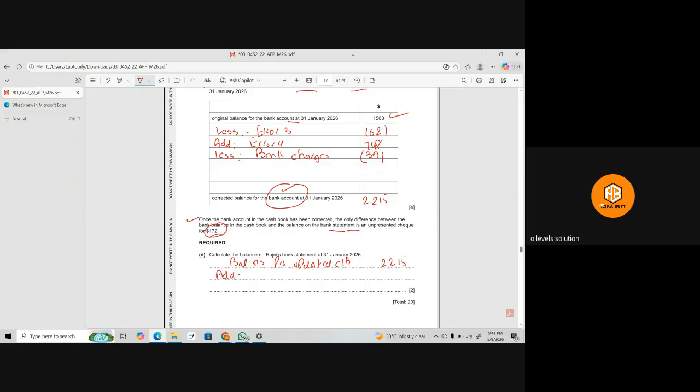So 172 unpresented checks. This is 172. So we have the balance as per the bank statement now.